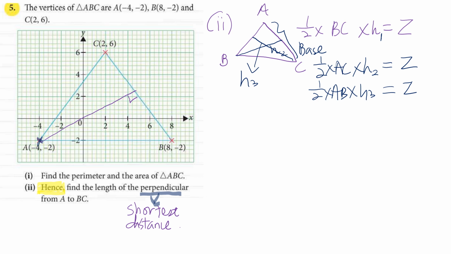So this is the perpendicular distance I need to find, so I'm going to label it as H. I've already found the length BC earlier on. I found it to be 10 units.